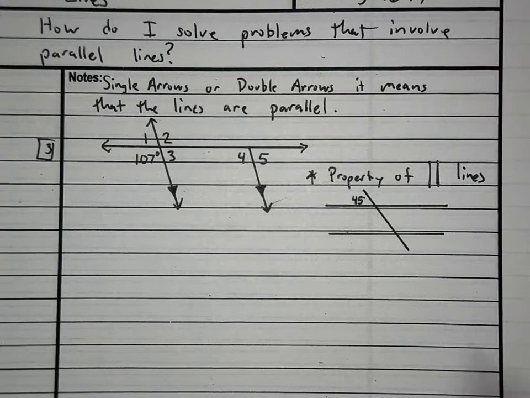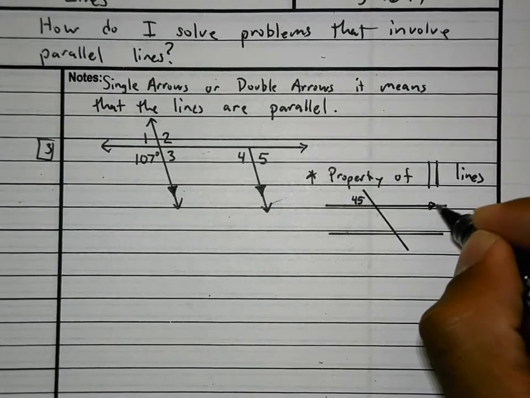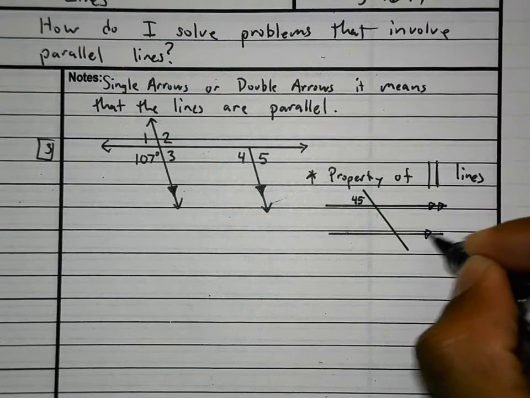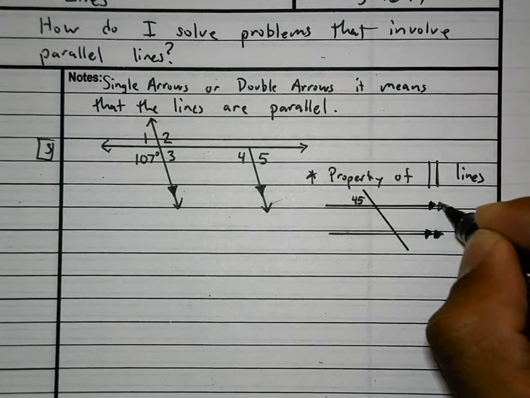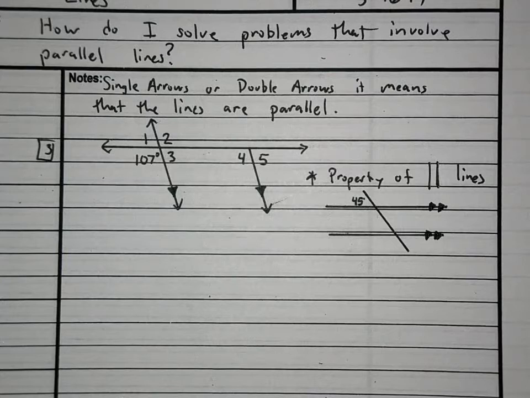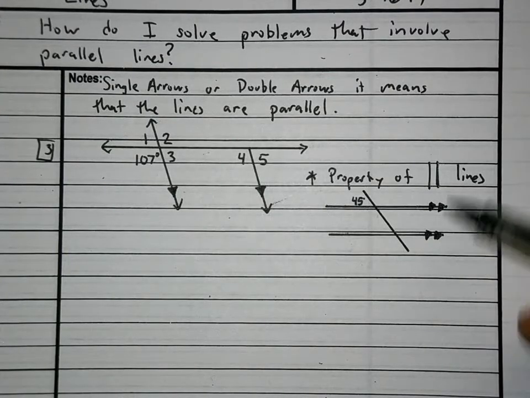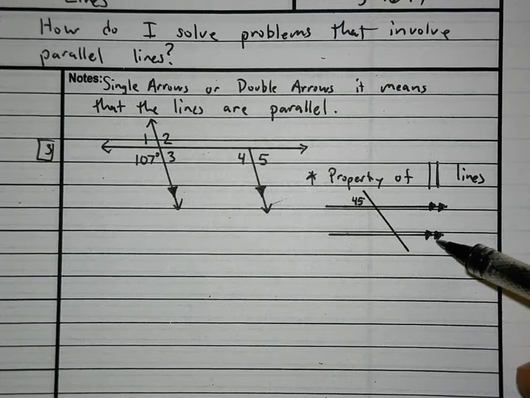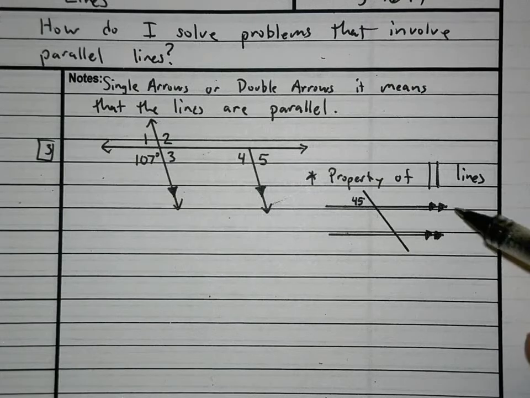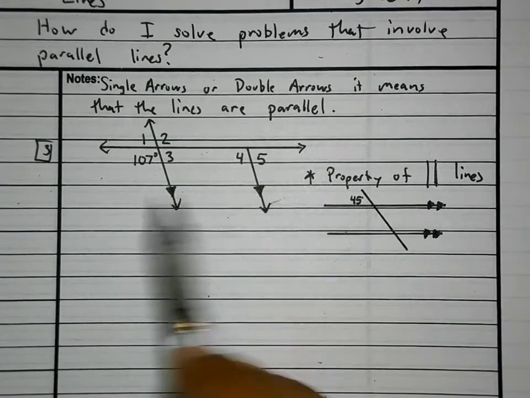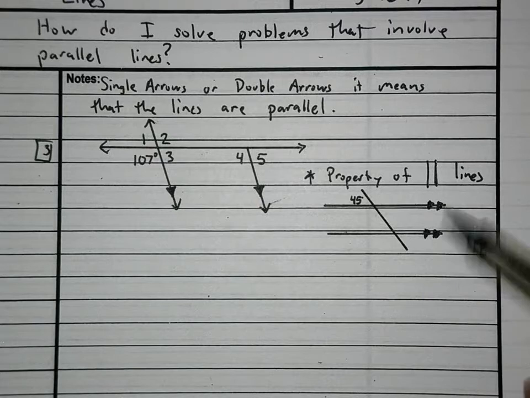and we know that these two lines here are parallel to each other. How do I know? Because there's double arrows and double arrows. Double arrows mean that this is parallel to the other one that has double arrows. Sometimes they're single, sometimes they're double.